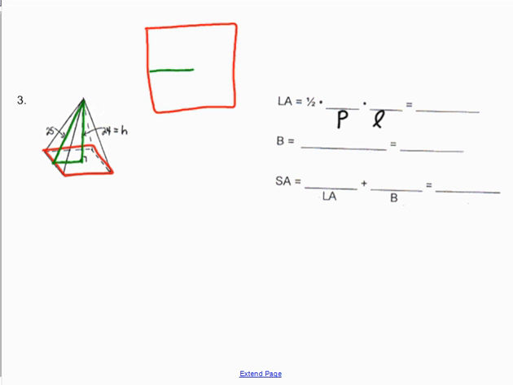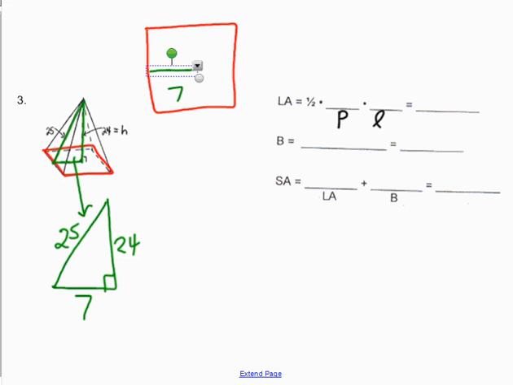So if I take that triangle and put it right here, this is 25, the height is 24. I can use the Pythagorean theorem, but I also know by special right triangles that this is 7, because that's a Pythagorean triple. So I know that this piece is 7.